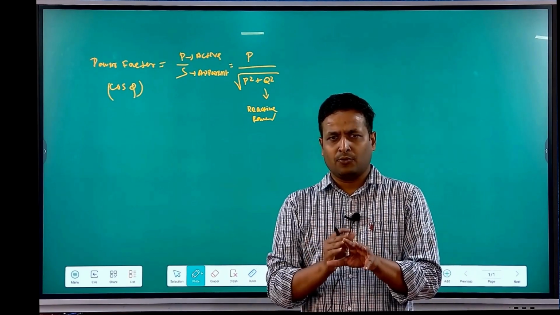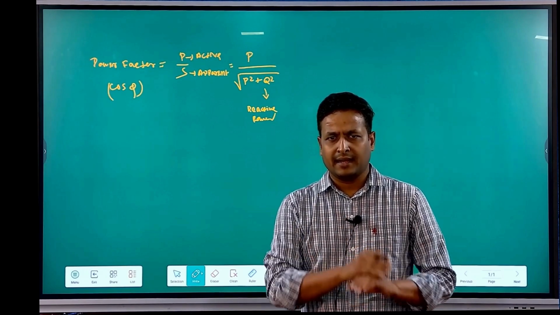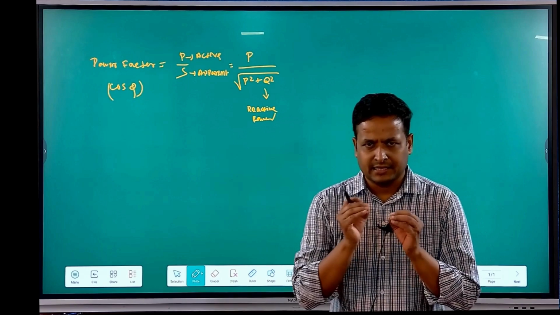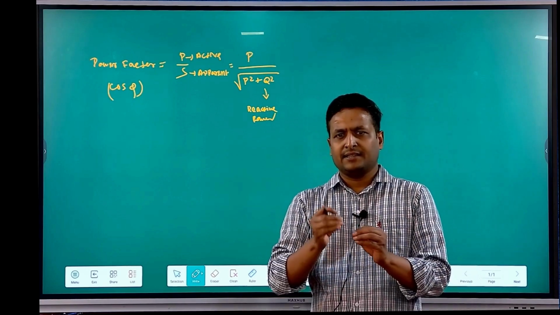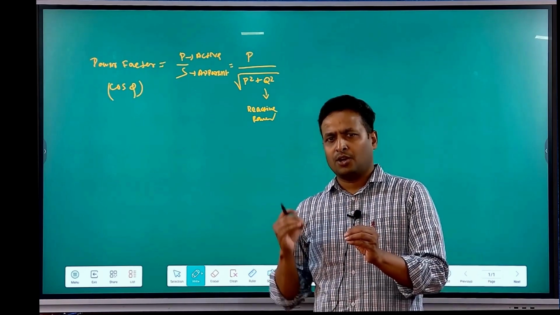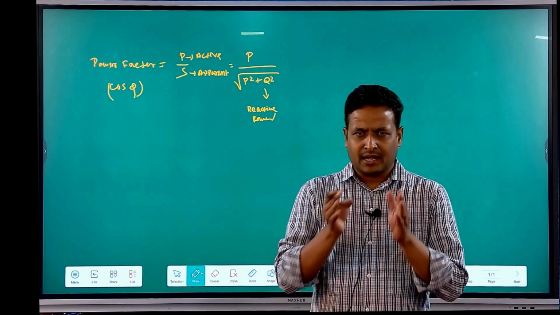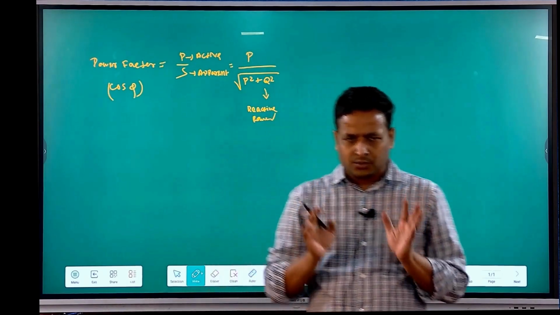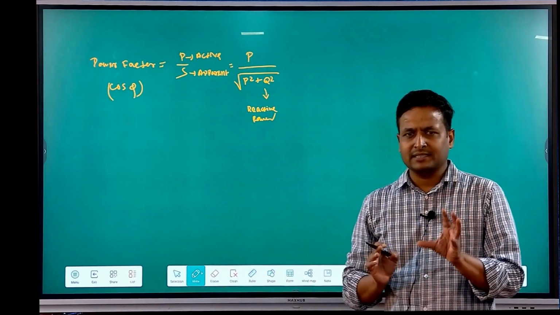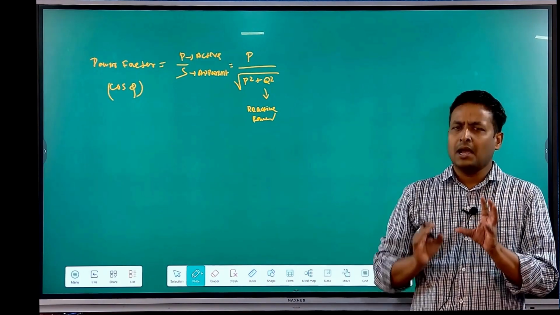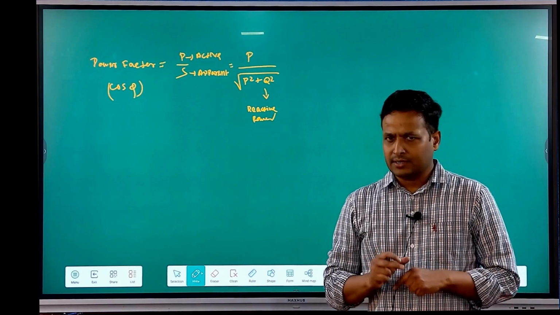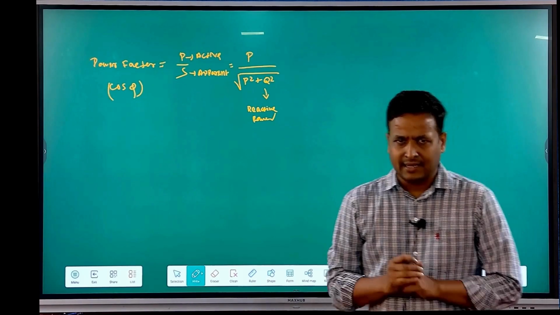Between them we have another component called reactive power. What is the definition of reactive power? It is the power that is neither being consumed nor absorbed. It travels from source to load and load to source. The nature of reactive power is magnetizing. It is used to magnetize the core or the air gap in an electrical machine.